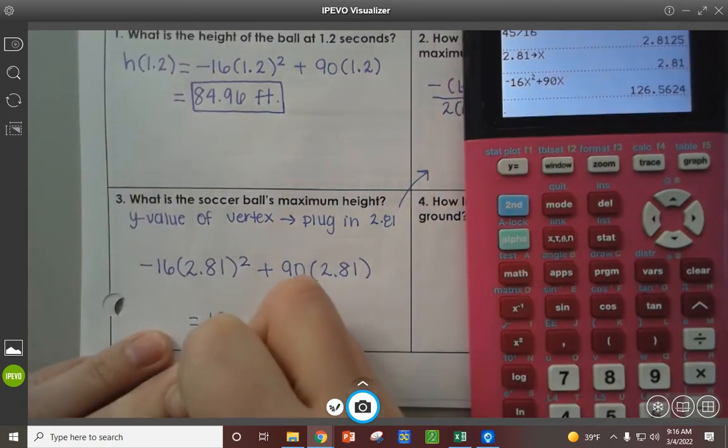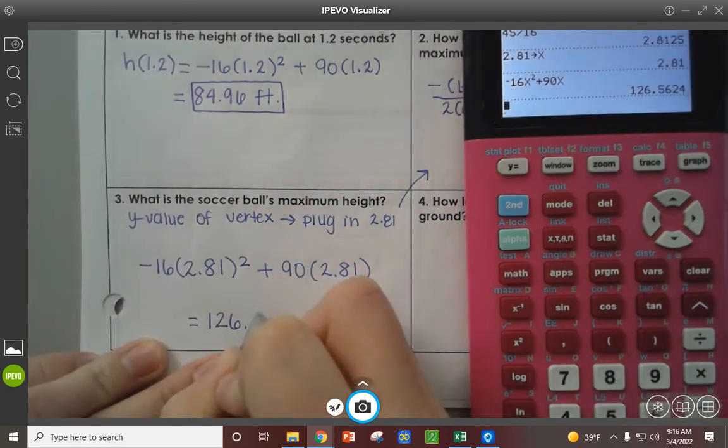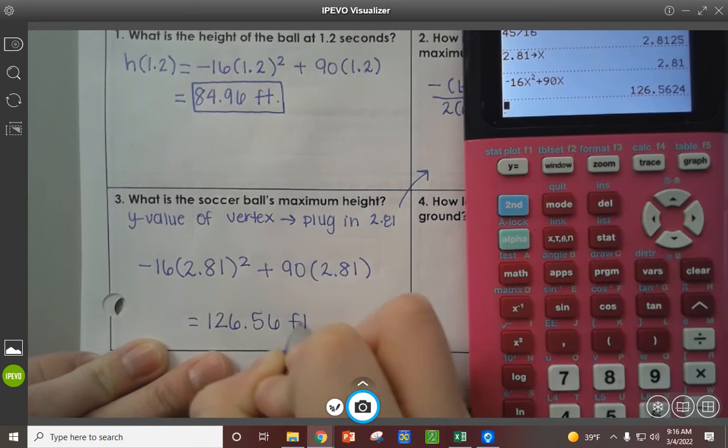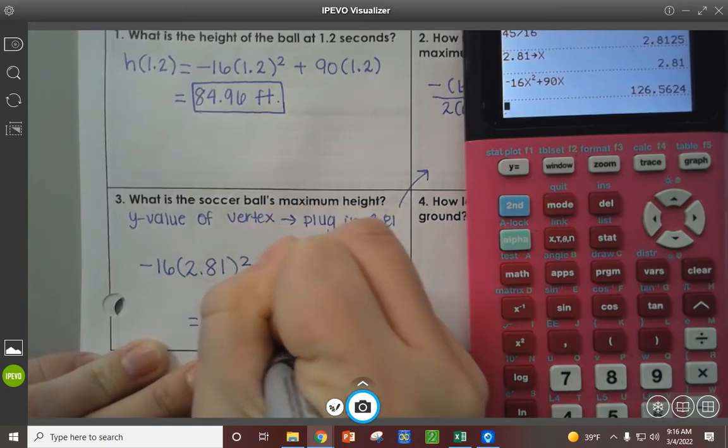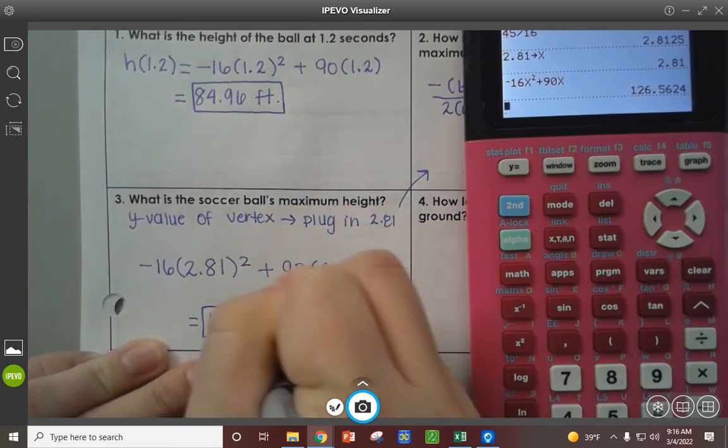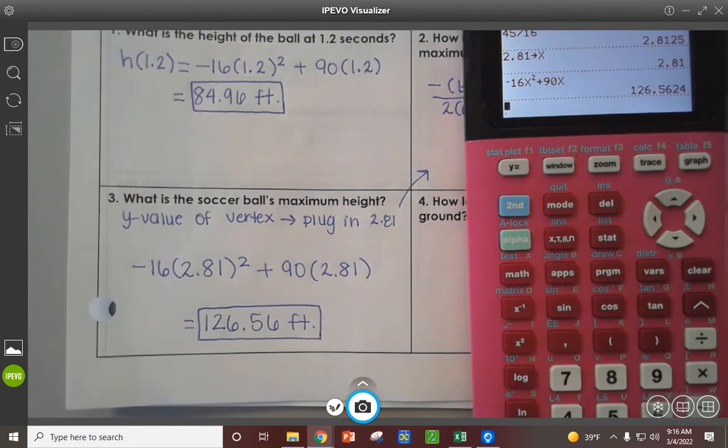And we get 126.56 feet. So that is the highest that the ball actually gets.